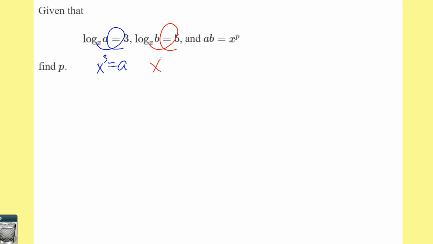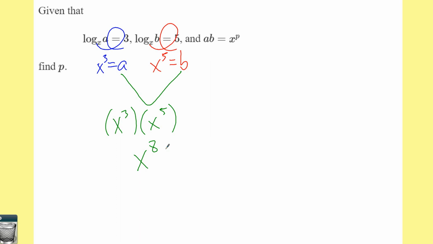We get x to the fifth equals B. So substitute those in. A times B is just x cubed times x to the fifth. And that's just x to the eighth.